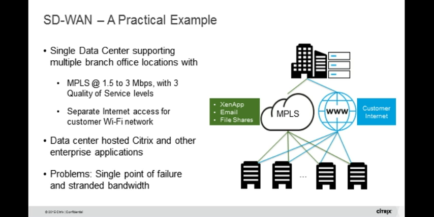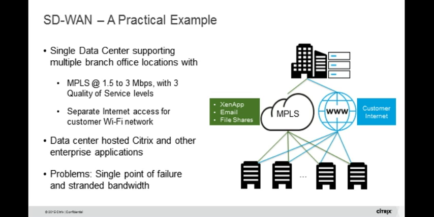So with all that information about the solution, I would like to provide a practical example of a customer that Citrix has recently worked with. This customer had a single data center supporting multiple branch office locations where they were using MPLS services ranging from 1.5 to 3 megabits per second in 3 different QoS levels.